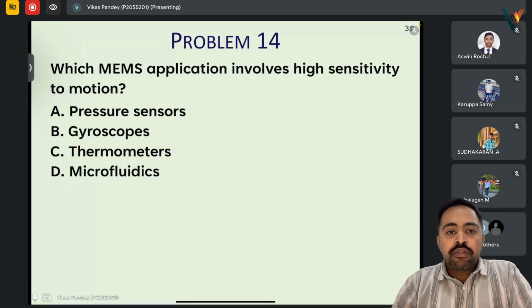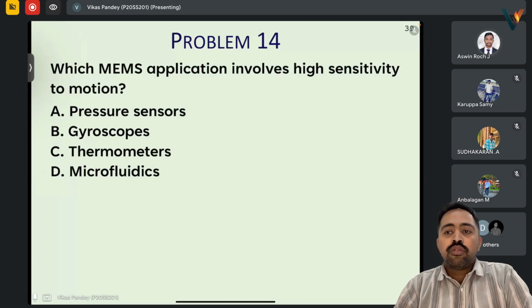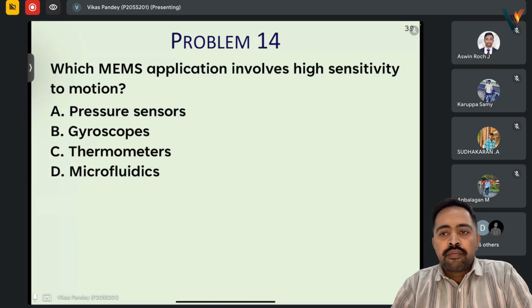Which MEMS application involves high sensitivity to motion? Pressure sensor, gyroscope, thermometer, or microfluidics? Sensitivity to motion, yes, gyroscope. Ashwin, you are saying something? Yeah, anyone?